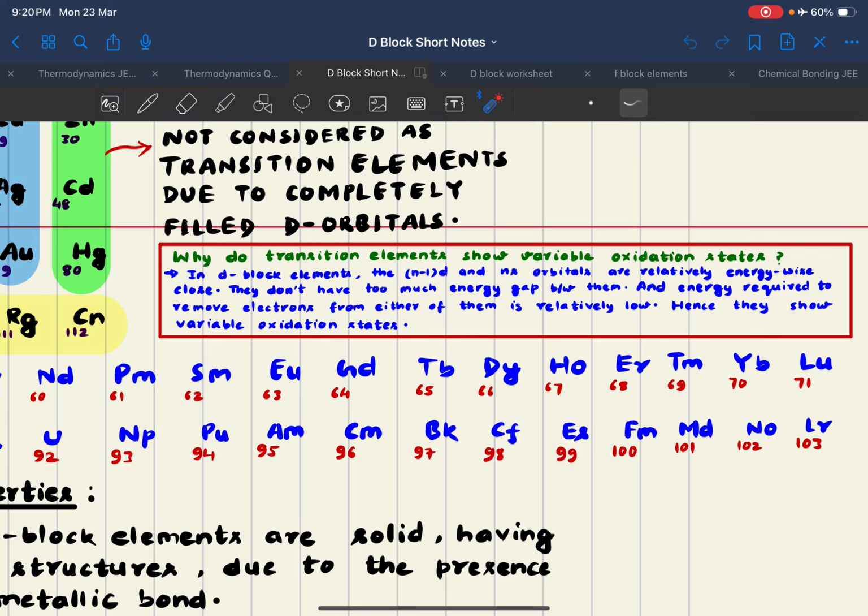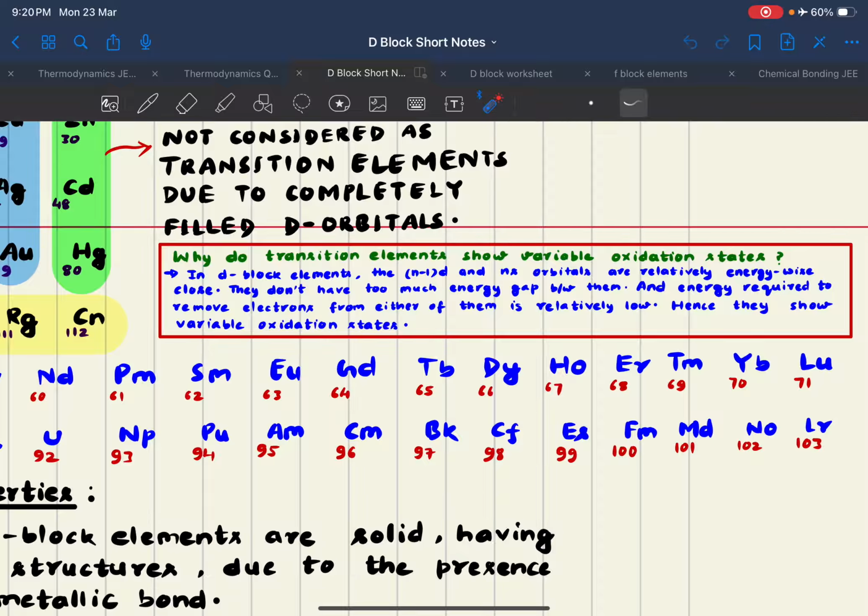That's why if you supply a little bit higher energy, you can easily withdraw the electron from the s orbital for sure. But apart from that, you can withdraw the electron from its penultimate shell, which is your d subshell.